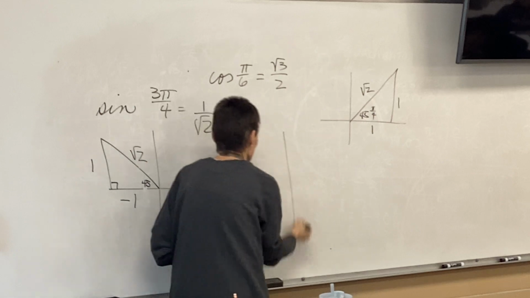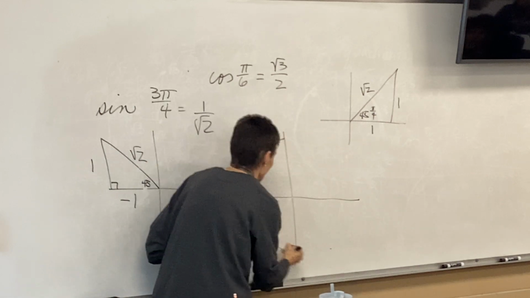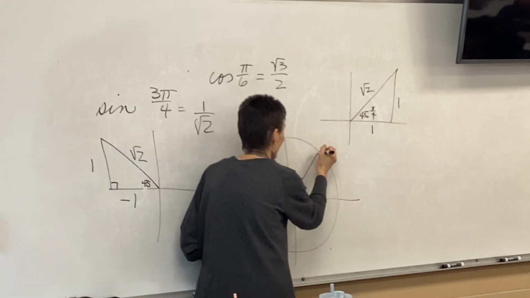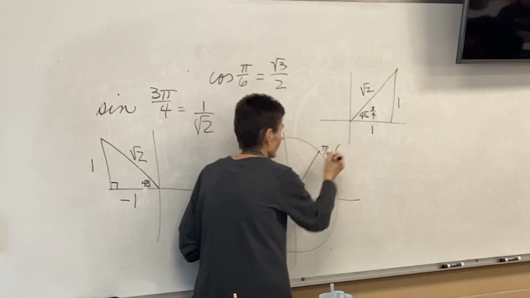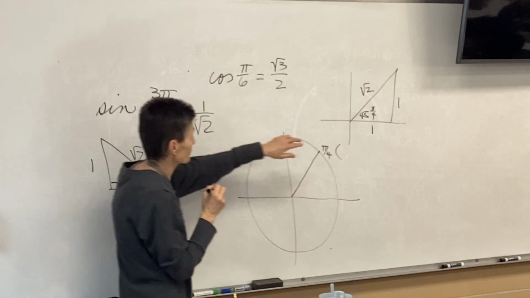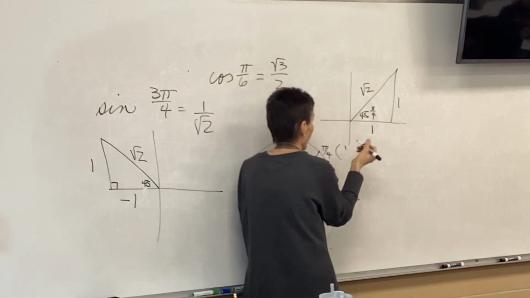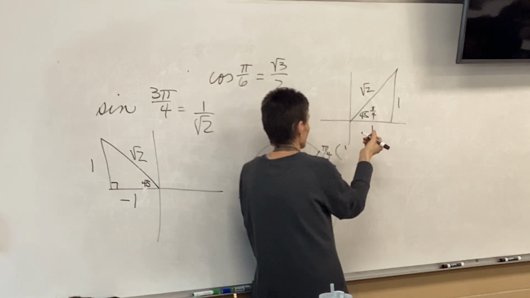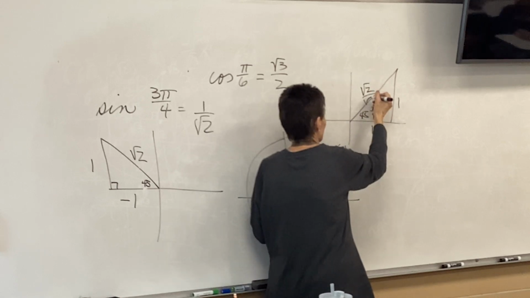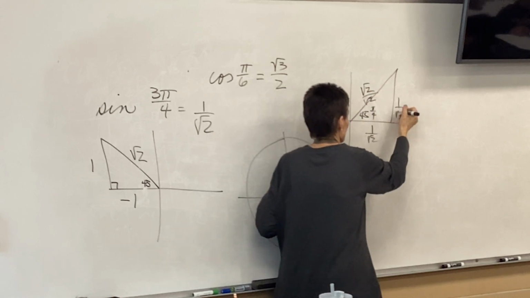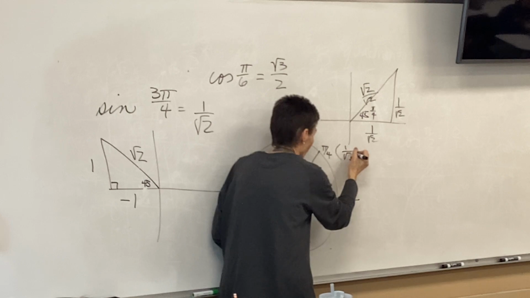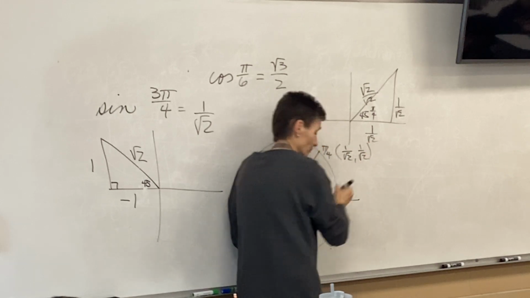Once you think about your big circle, here's pi over 4. We figured out that if I made this a unit circle, with radius 1, this point would be 1 over root 2, 1 over root 2.